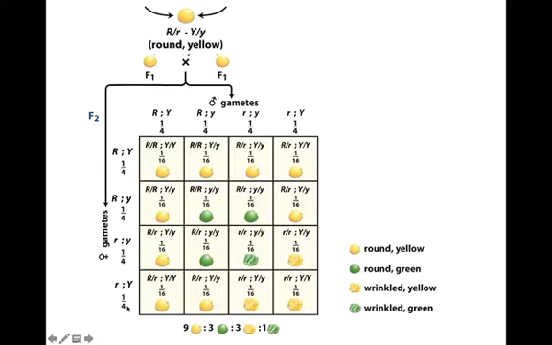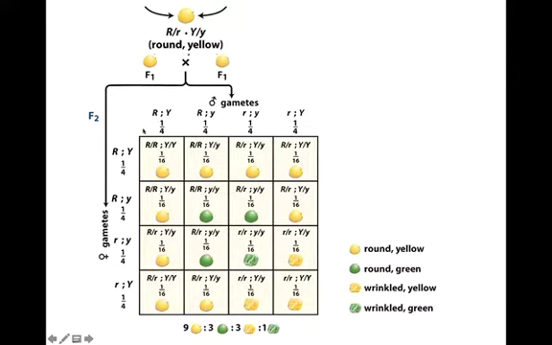Now, what you can notice here in this column and in this row is that we have all of the round yellows, right? And that's because no matter what gamete you inherit through the male lineage, when the female gamete is this genotype, the female gamete has the two dominant alleles.